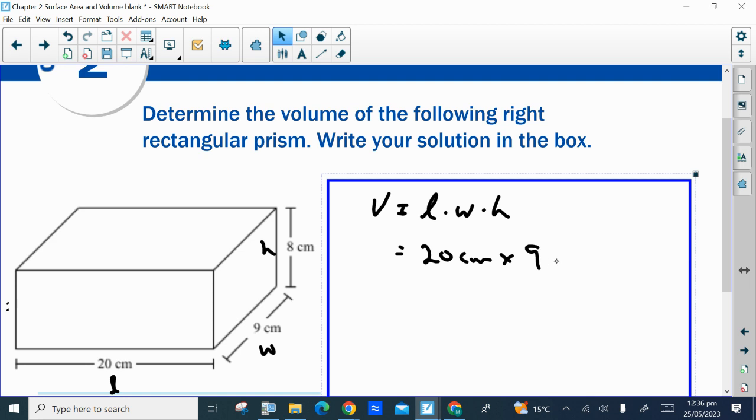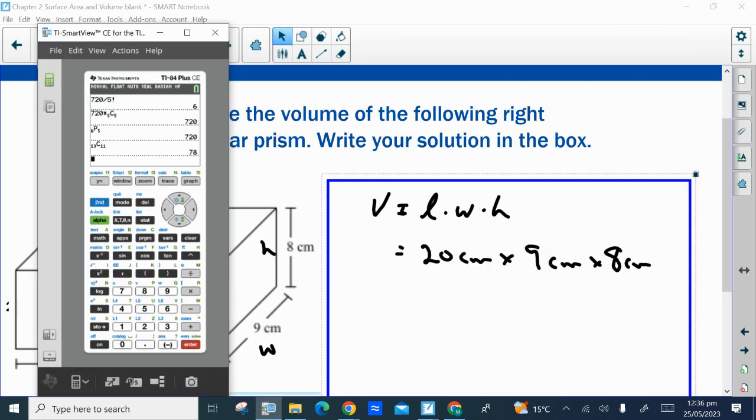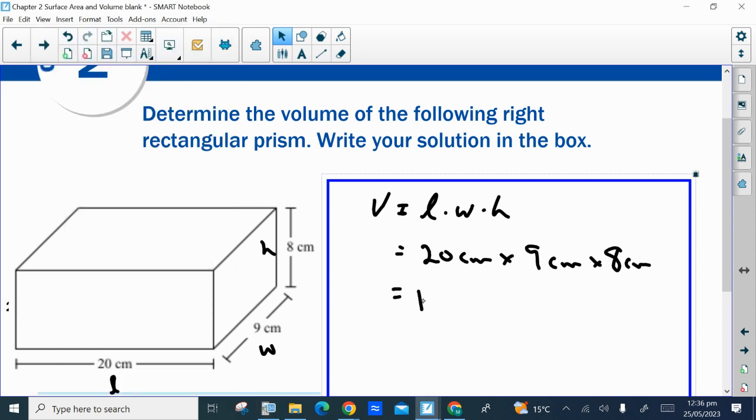So 20 centimeters times 9 centimeters times 8 centimeters. We multiply those three together, and we'll have the volume, which is 1440. And because you're multiplying centimeters by centimeters by centimeters, that'll be centimeters cubed.